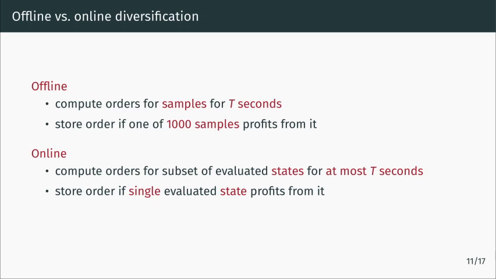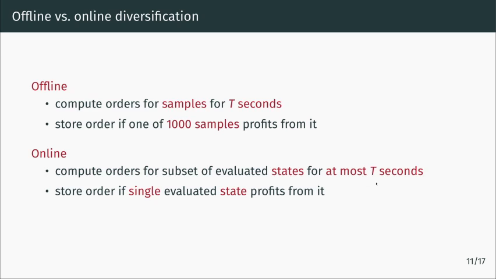So to compare this more directly, we have here the offline diversification and the online diversification. And in offline diversification, we compute orders for samples for a fixed amount of t seconds, 1000 for example. And in contrast, in the online version, we compute orders for a subset of evaluated states instead of samples for at most t seconds.